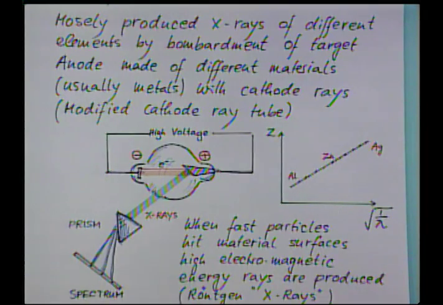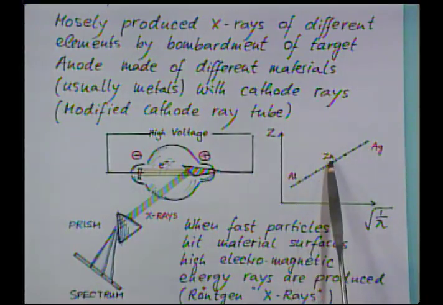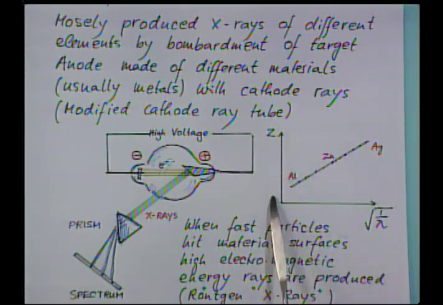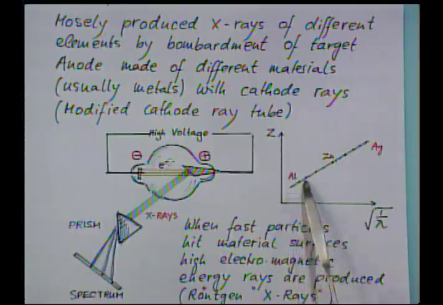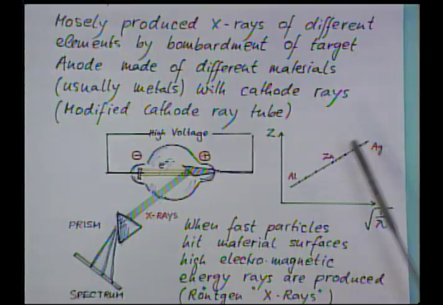Now when you observe or study these spectra, it turned out that the atomic number is a function of the wavelength. So when you did a little transformation, you could line them all up here on the line. All the elements have a certain position point on this line with a certain slope.